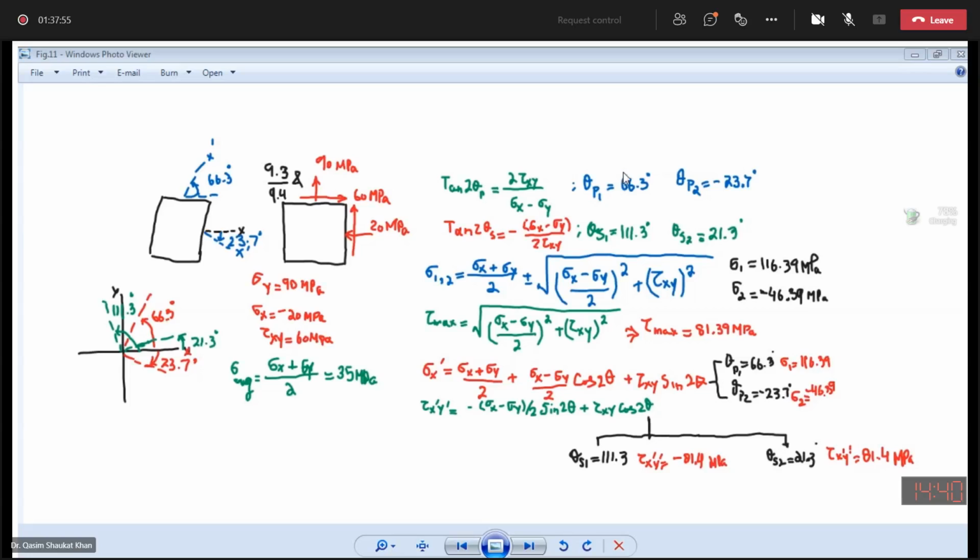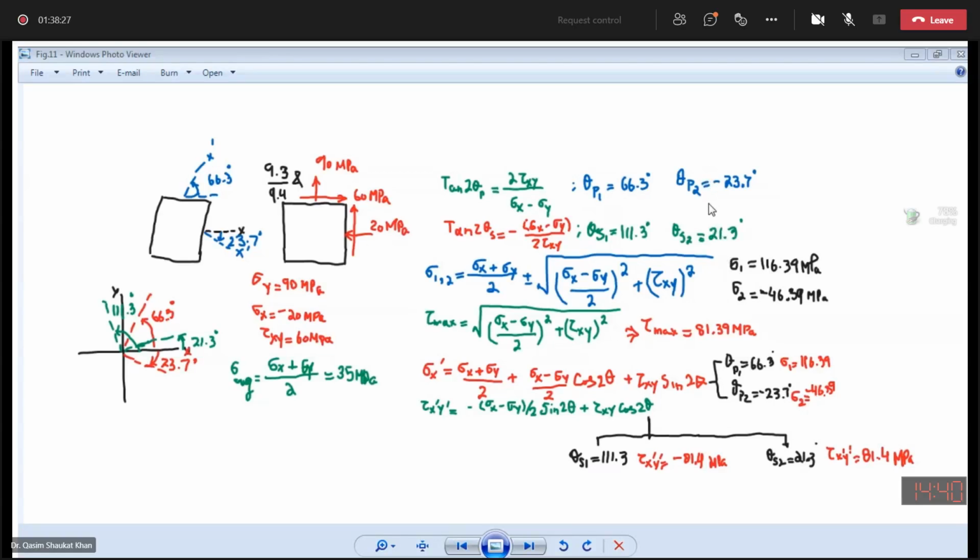It is 45 degrees. Sorry, the difference between theta S1 and theta S2 should be 90 degrees. So this is 90 degrees. The difference between theta P1 and theta S1 is exactly 45 degrees. The difference between theta P2 and theta S2 is again exactly 45 degrees.